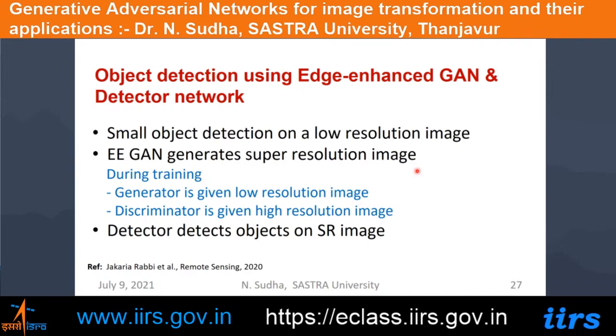Once the super resolution image is generated, you can easily attach the detector network for detecting the objects in the image. During training, the generator is given the low resolution images and the discriminator the high resolution images, and the detector detects the objects on the super resolution image.